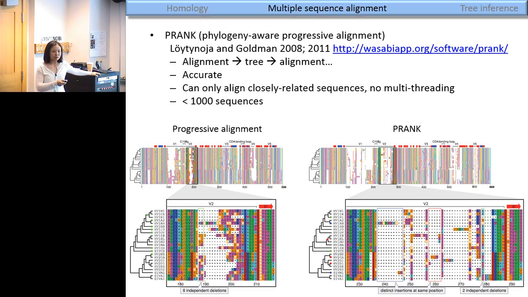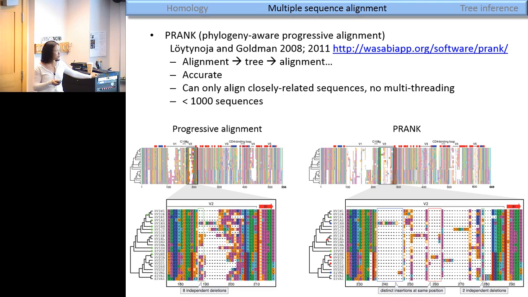And also, because it's progressive, whatever mistakes happened in the early stages will carry on. So you are more likely to have some weird gaps. Versus PRANK, which takes each gap, the generation and closing of a gap, as distinct evolutionary events that will be inherited along the tree by all those descendants. So it is a tree-informed alignment program.